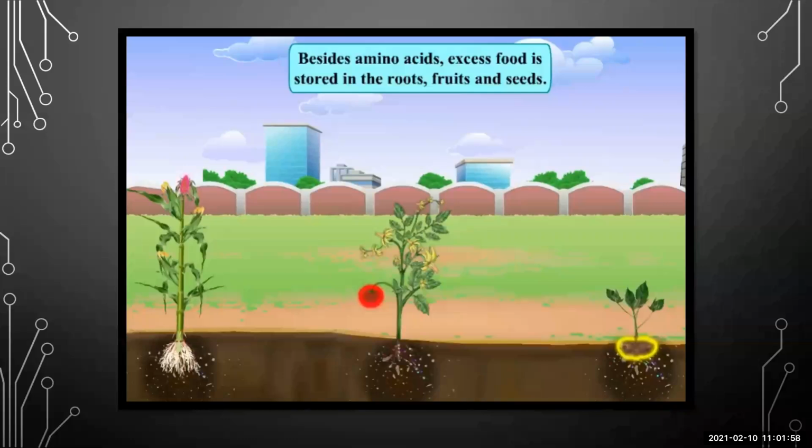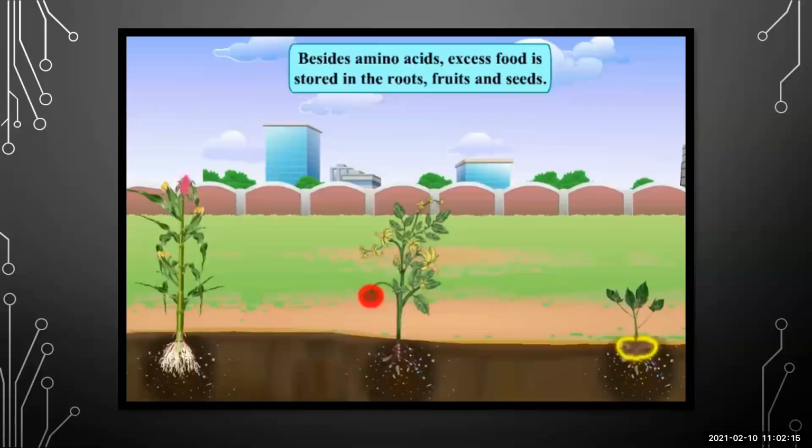Then what is translocation? Whatever food material is produced in the plants, if it is in excess, the excess food material besides amino acids is stored in the roots, fruits and seeds. This is translocation.